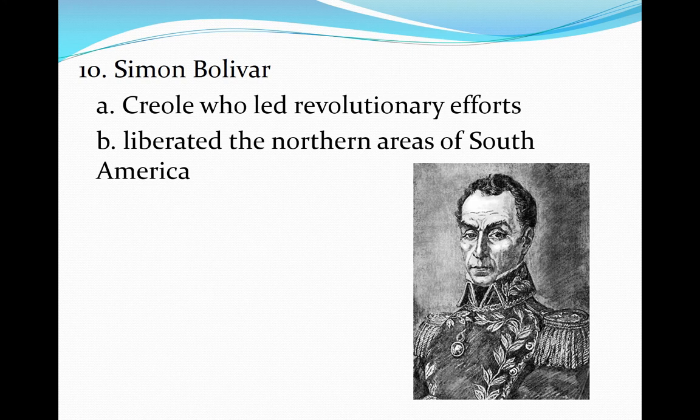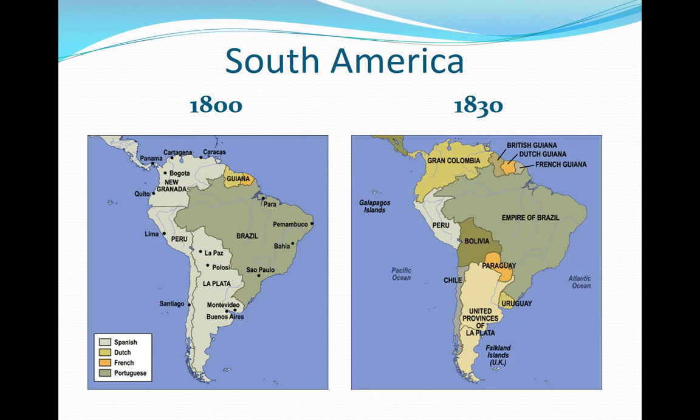Next, you have a man named Simón Bolívar, and he is going to be a Creole who is going to lead the revolutionary efforts of a few of the northern areas of South America. Here you can see two maps of South America, one from the year 1800 and the other from about 1830. And you can see the big differences here, right?